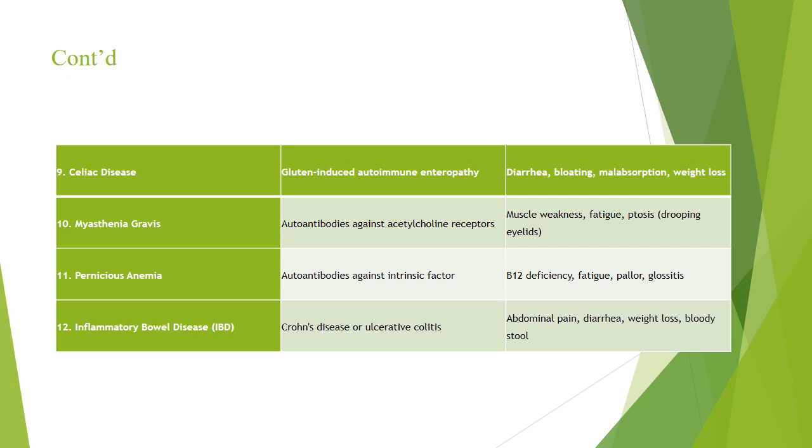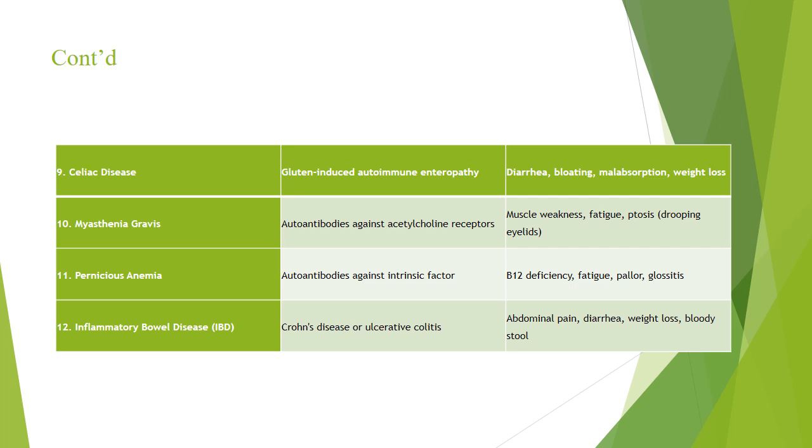The tenth disease is myasthenia gravis, which is caused by autoantibodies against the acetylcholine receptor. Clinical manifestations include muscle weakness, fatigue, and drooping eyelids.